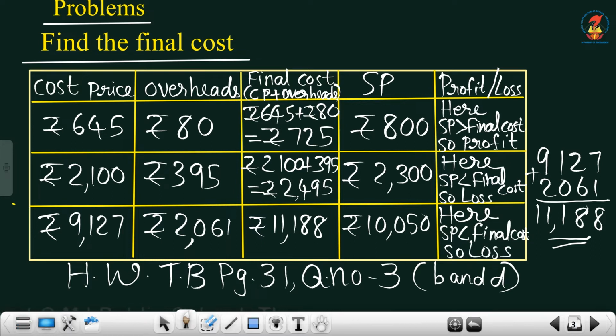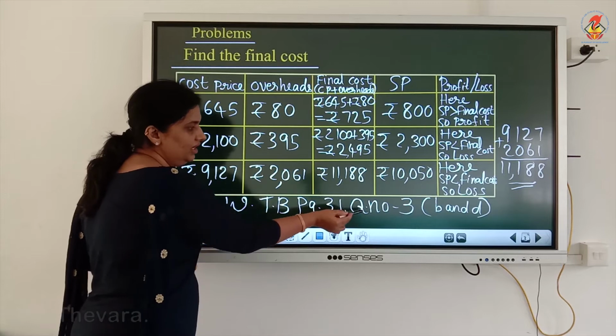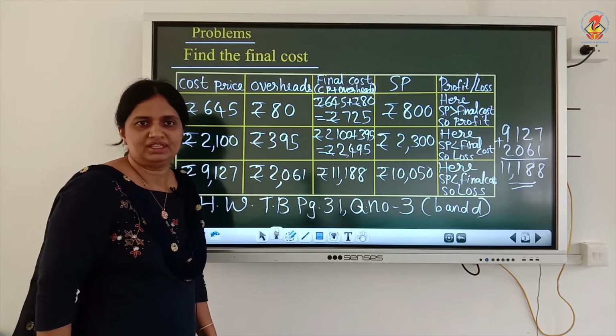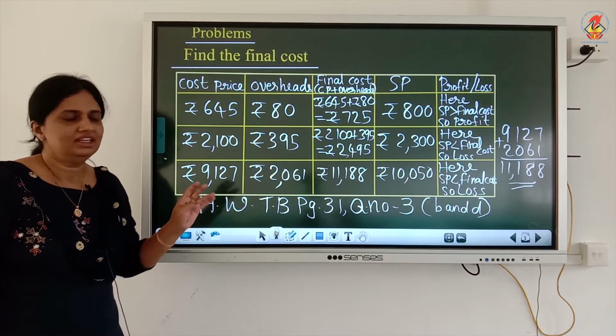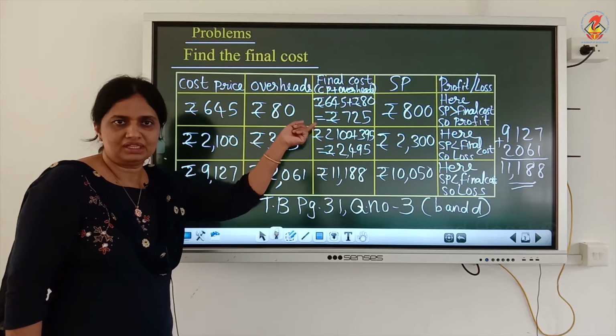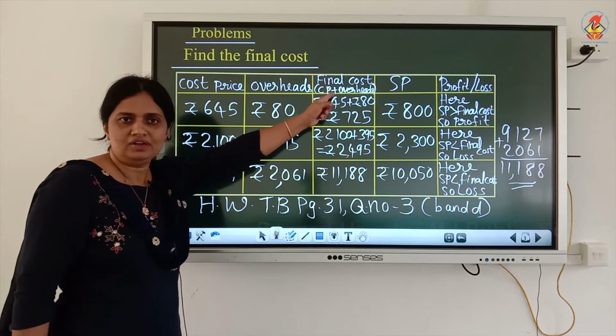Is it clear? Then I will give you some homework: textbook page number 31, question number 3, B and D. Is final cost clear? Are overheads clear? Then overheads we need to add to which cost? CP, that is cost price. Then we will get the new term, that is called final cost.